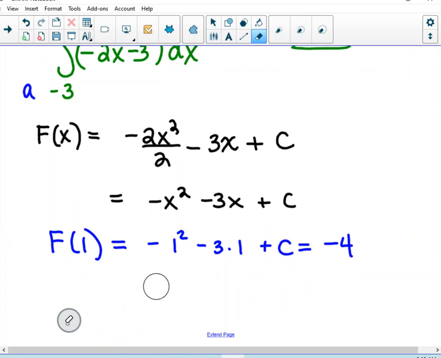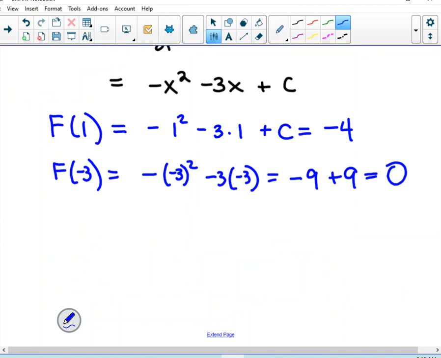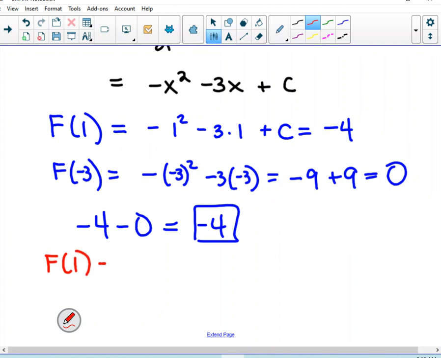All right, -3 squared minus 3 times -3 is, oh, how cool is that? -9 plus 9 is 0. Who said the answer was going to be -4? I got it. F of b minus f of a. The c's cancel out, and you get that it's a negative area.